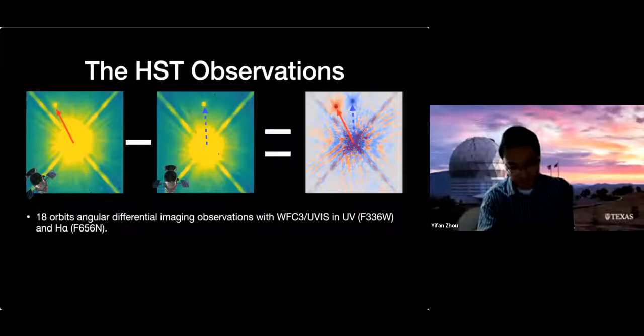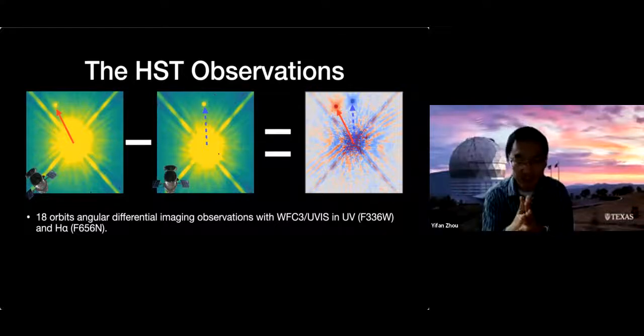Luckily, I learned quite a lot of tricks as a graduate student at Steward. The way we can turn HST into a high contrast imaging machine is by applying the techniques that we used in ground-based observation to space-based observation. The key here is to conduct angular differential imaging observation.